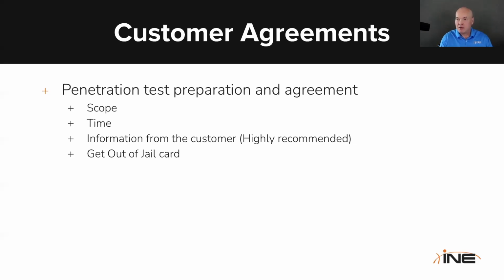I've done network pen tests before where I was given the wrong scope. They gave me the wrong IPs and I was testing another company. So you need that get out of jail free card, and part of this is usually part of the statement of work, which shows that you have permission.